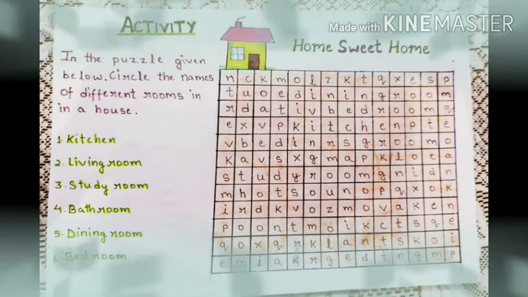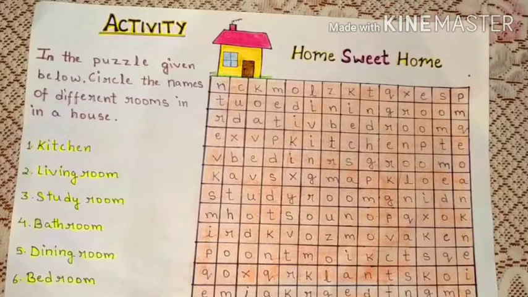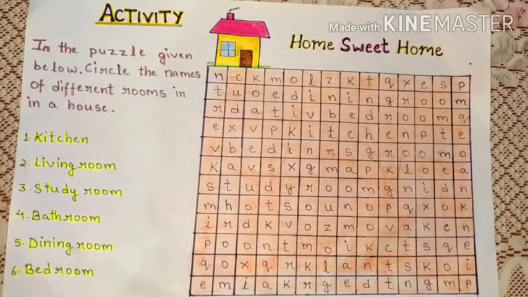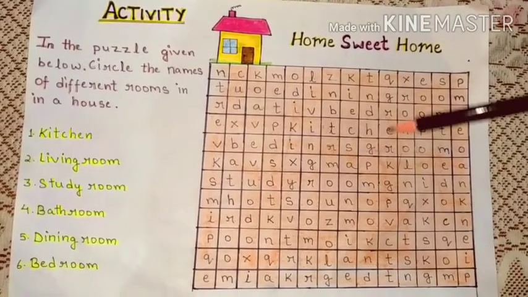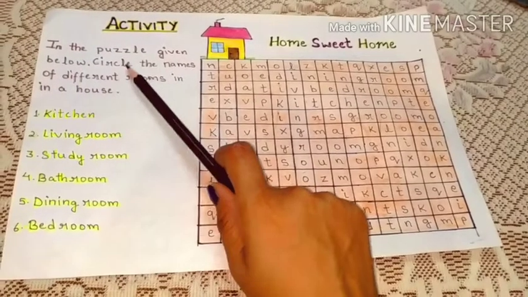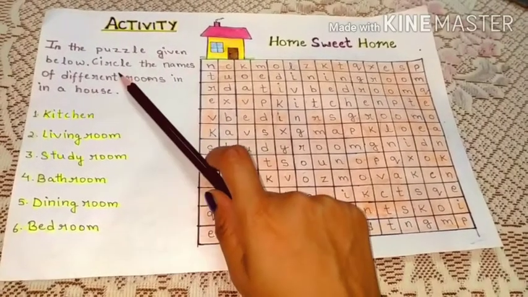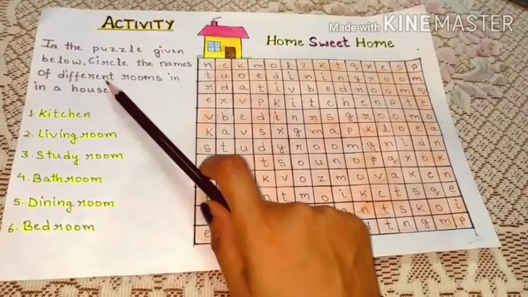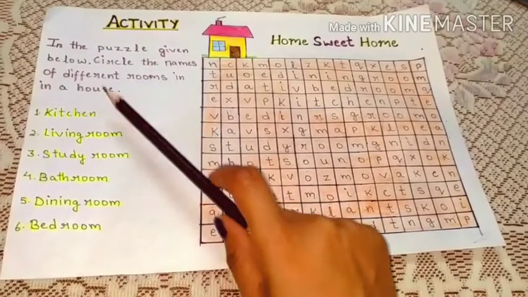Children, see, this is the activity that we have to do today, okay? Now, let's see what we have to do in this activity. In the puzzle given below, circle the names of different rooms in a house.